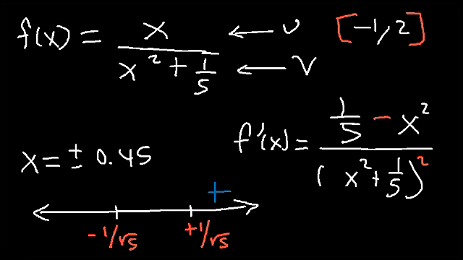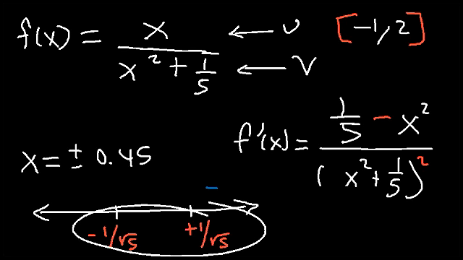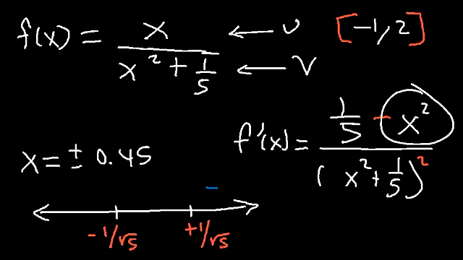Now let's say we pick a number between negative 1 over root 5 and positive 1 over root 5. Oh wait, this should be negative overall. We said the bottom is positive, but 1/5 minus 1, that's a negative number. So overall, it's negative past positive 0.45. Now, let's say we pick 0, which is between these two values. 1/5 minus 0 squared is simply a positive number.